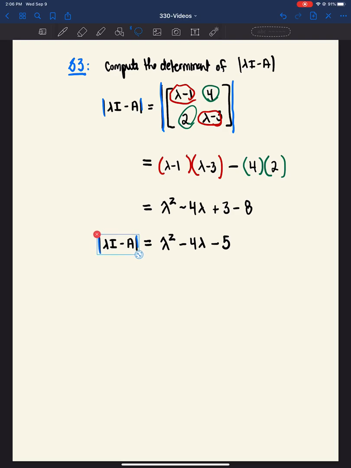Now you might notice that what we're left with here is a polynomial. For our matrix, this actually has a special name. This is called the characteristic polynomial, and its roots are the eigenvalues.